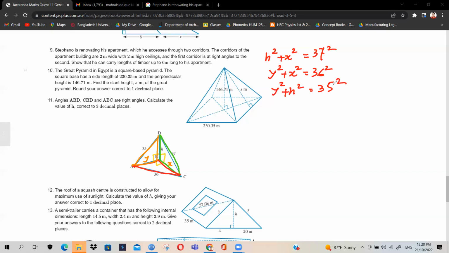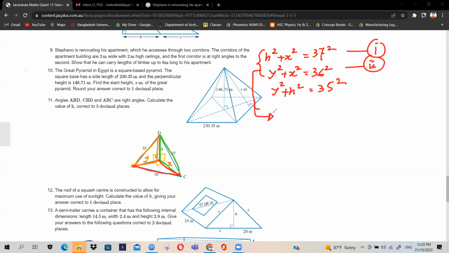Now what can we do? We have to somehow calculate the value for h, and somehow the values for x and y. Let us subtract these two. Say this is number one equation, this is number two equation. I thought I would go real fast, but as I see, there is very advanced math, so if we skip it, that won't be good.